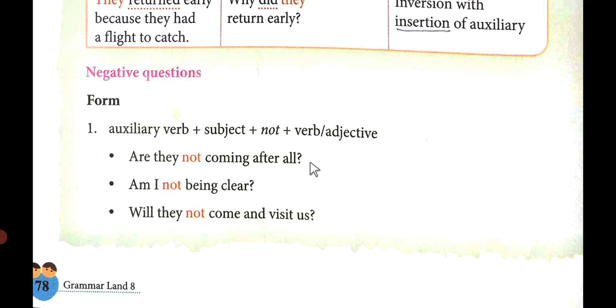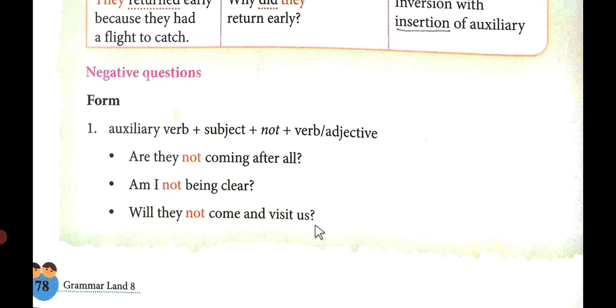So auxiliary verb plus subject plus not plus verb has been used. So here also you can see, am I not being clear? Auxiliary verb, subject, not, verb has been used. Will they not come and visit us?